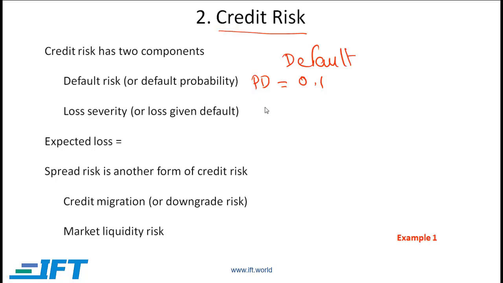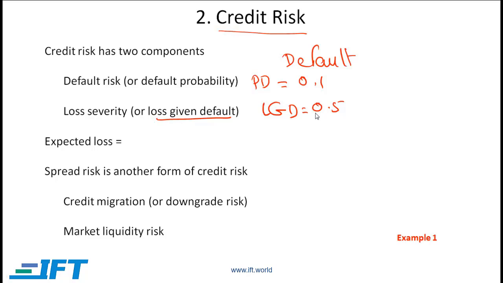If the loss severity is equal to 0.5, generally written as loss given default, LGD.